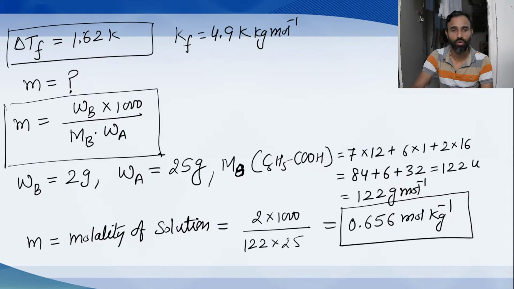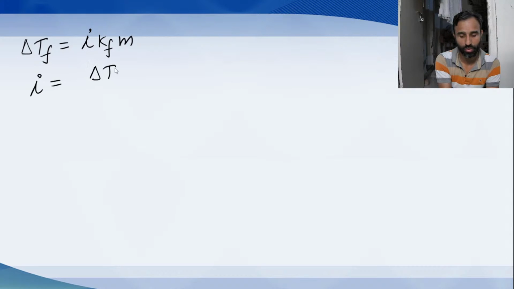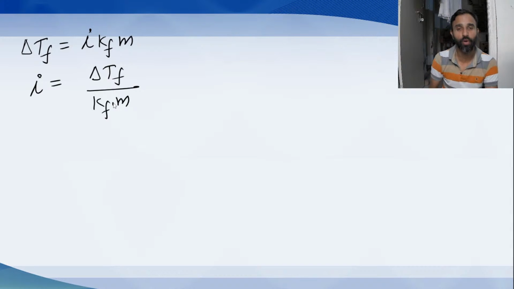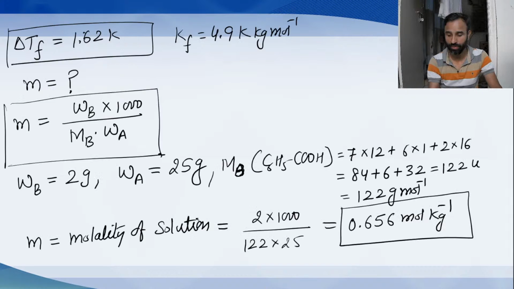You know delta TF equal to i KF m. So i is equal to delta TF upon KF m. What is delta TF? 1.62.